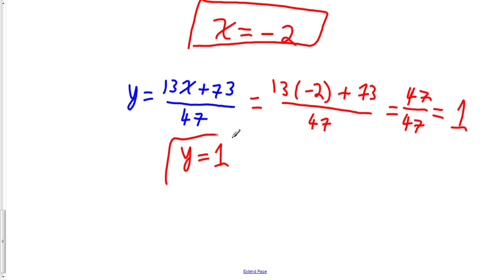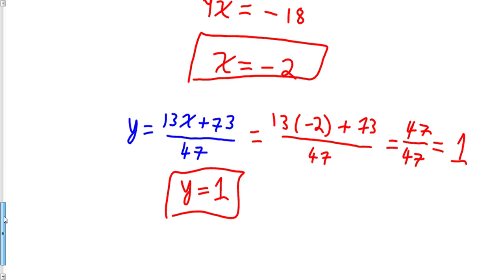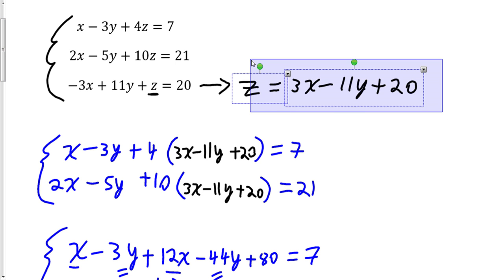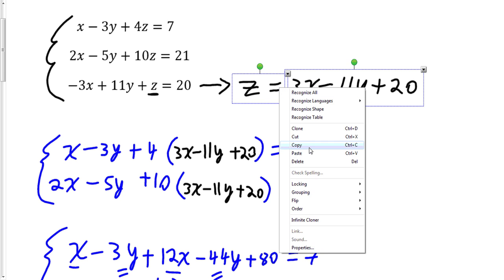And now the last thing we need is z. Well, let's see here. Z, we had an expression for z all the way up here. Z, we said, was equal to 3x minus 11y plus 20.